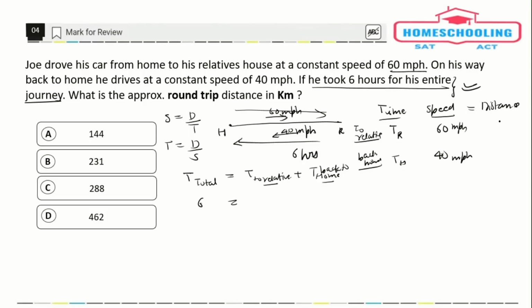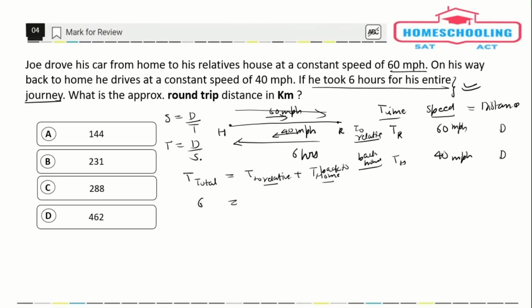Because we are going from home to the relative's house, let the distance be d. When we return back we'll cover the same distance, so both distances would be d. Now let's put the formula here.